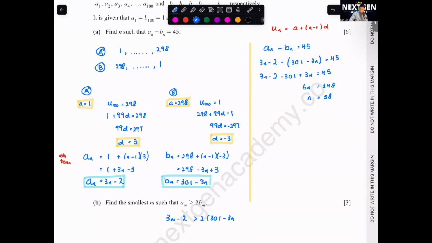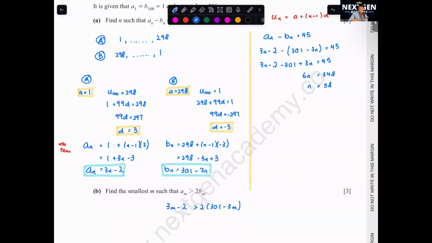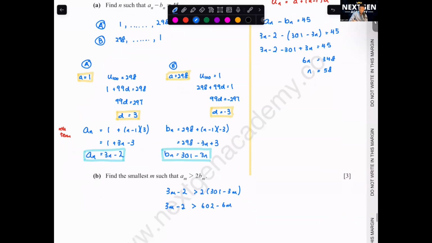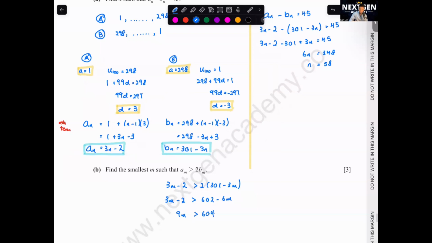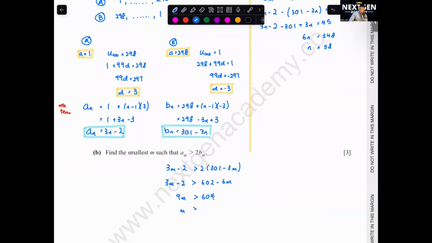Looking at the previous question, here will become 3m minus 2 more than 602 minus 6m. Bring all the m to the left hand side. Here becomes 9m more than 604. Then m is 604 divided by 9, we will get 67.1.